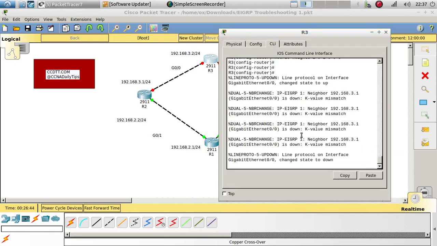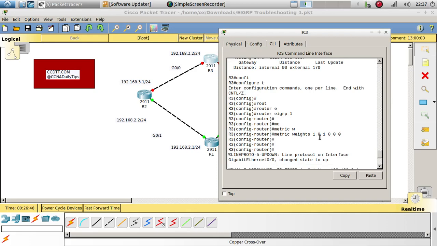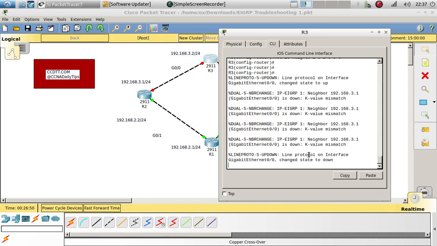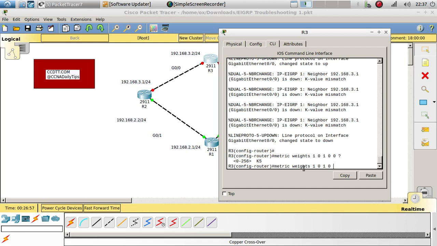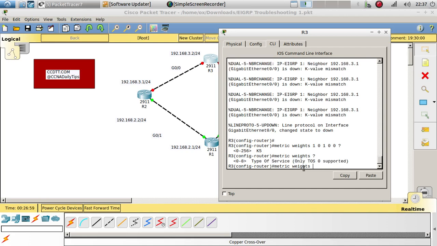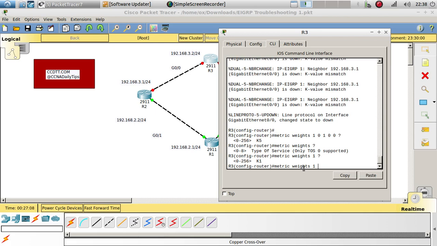Let's go ahead to router 3 again. So 1 0 1 0 0 0. Let's go ahead and verify that. The metric was the last one. Okay, value for K5.